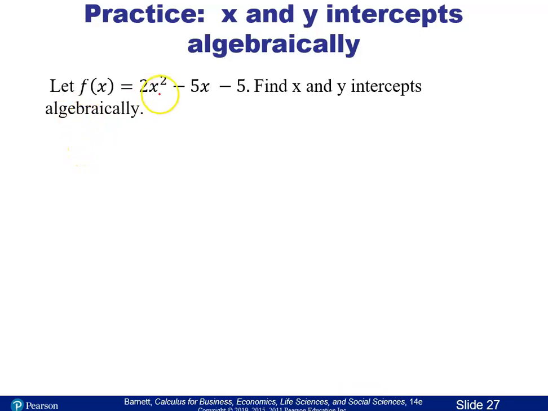Okay, on this one, if I'm going to solve this, it's not going to be factorable. So if I go and do this using the quadratic formula, I'm going to have negative b plus or minus the square root of b squared minus 4 times a times c.